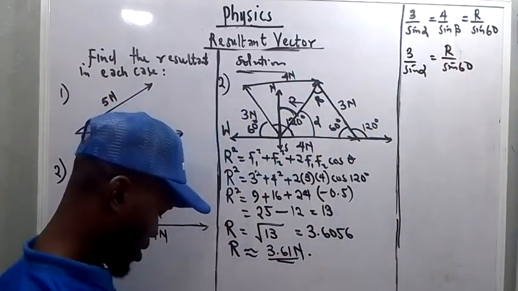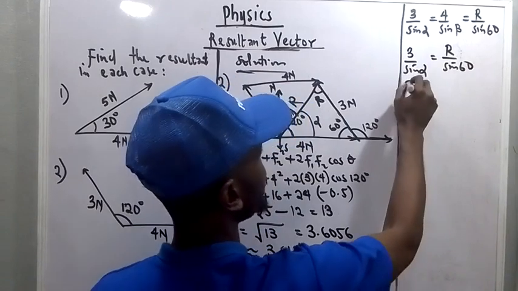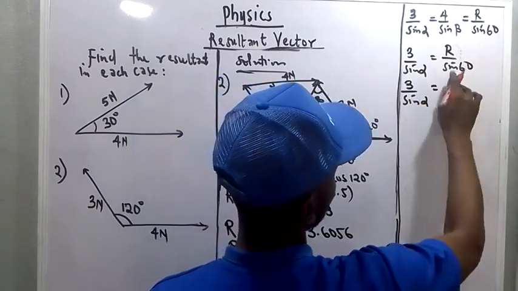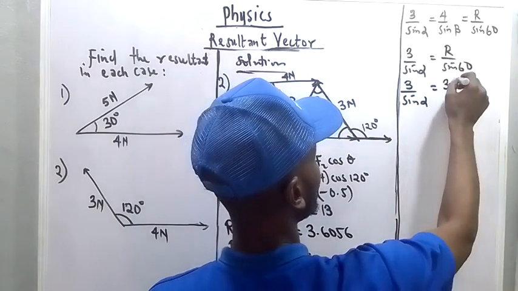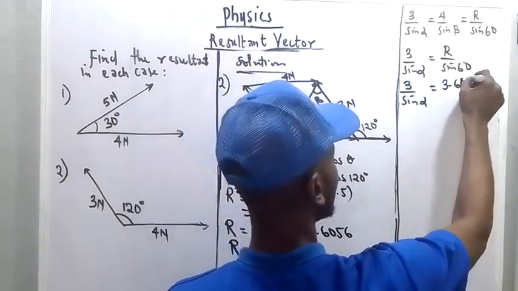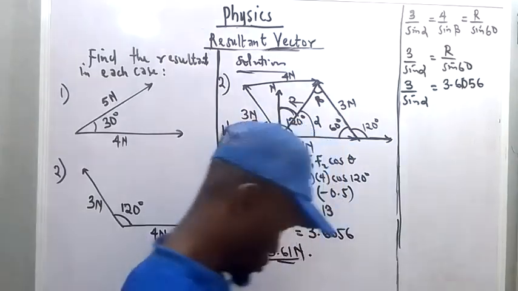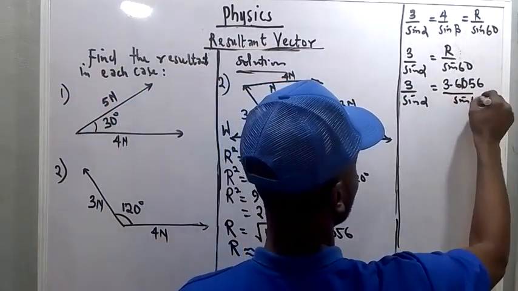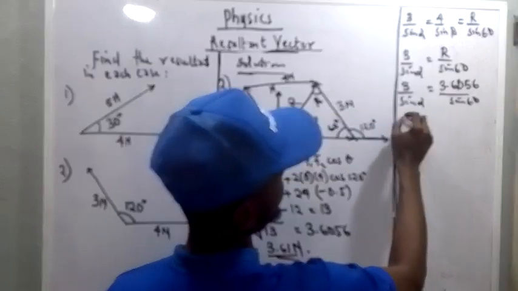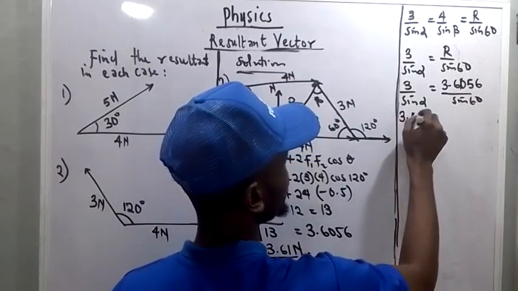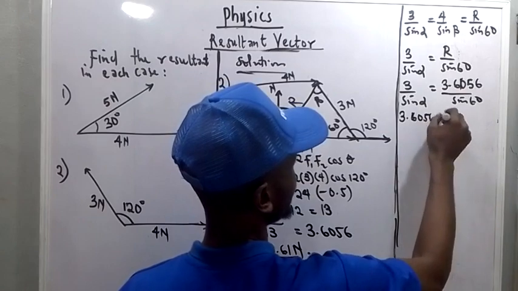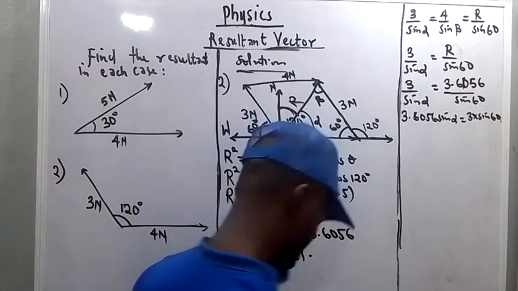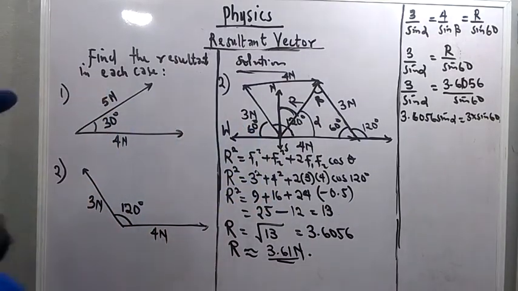We already have our R here as 3.6056. I want to use this up to 4 decimal places. So 3 over sine alpha equals 3.6056 over sine 60. Let's cross multiply from here. 3.6056 sine alpha equals 3 times sine 60.